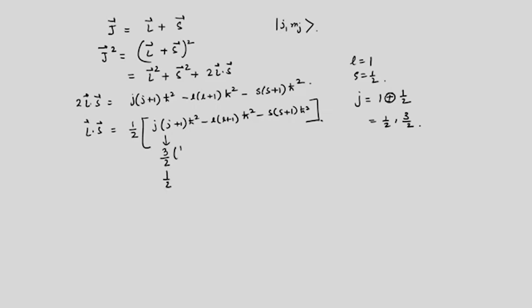So, this will be like half into 3 half into 3 half plus 1, half into half plus 1, and so on, and this is of course 1 into 1 plus 1 h cross square and half into half plus 1 h cross square, and you can easily find the eigenvalues of these things.